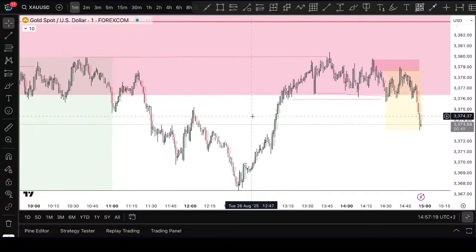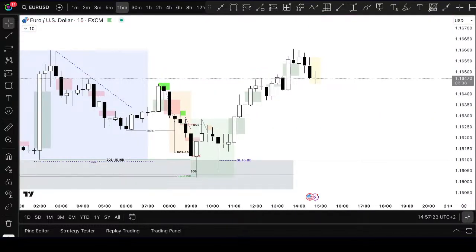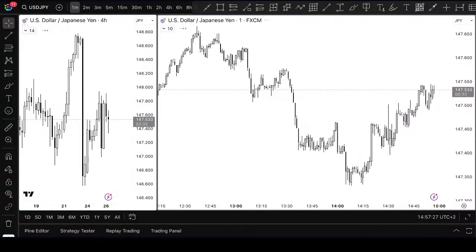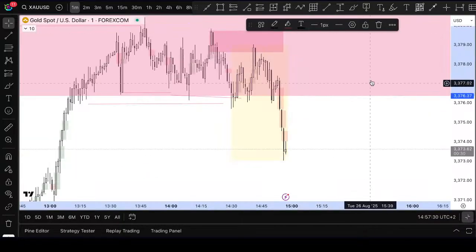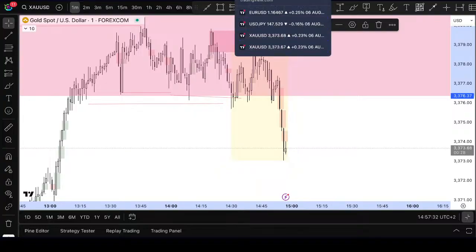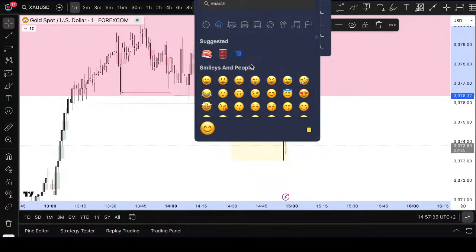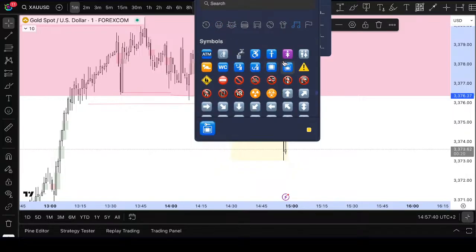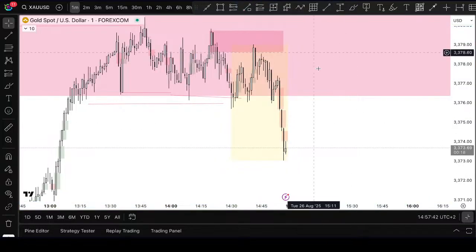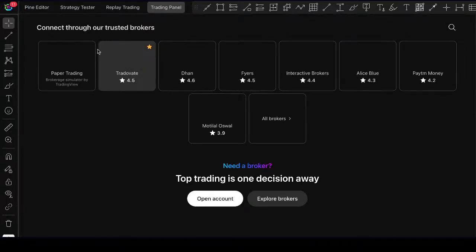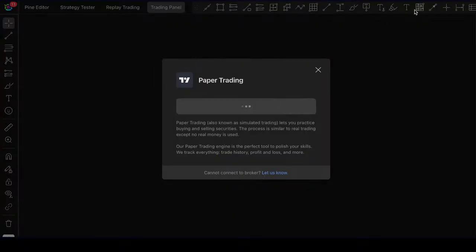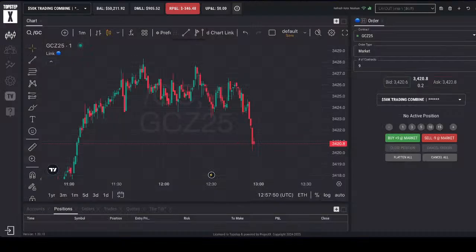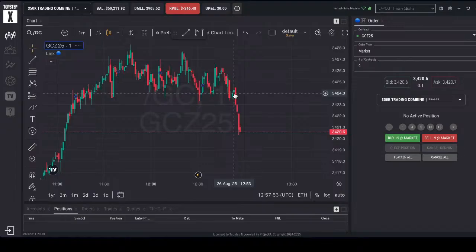So gold. So we have EURUSD, USDJPY, gold, crude, and this one would be where we need to take the trades here, and this one I'll connect to a paper trader, and this is to find the lot size for which I need to take it in the TopStep account.